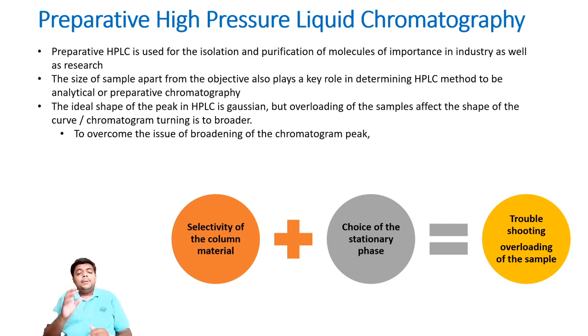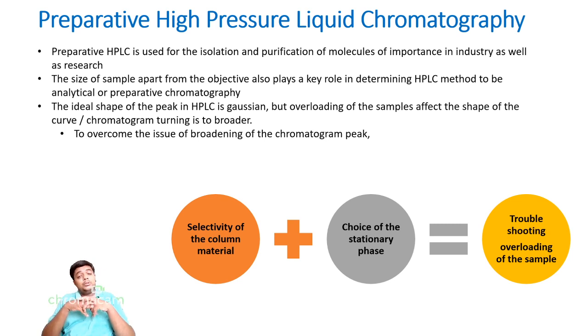Now, preparative HPLC is used for the isolation and purification of molecules of importance in industry as well as in research. The size of the sample, apart from the objective, also plays a key role in determining whether the HPLC method is analytical or preparative.